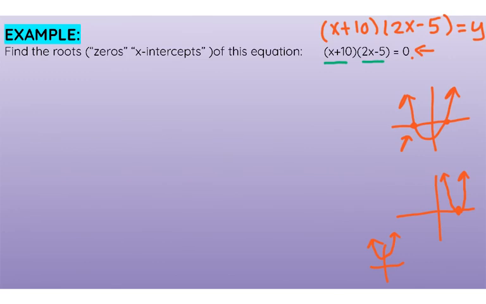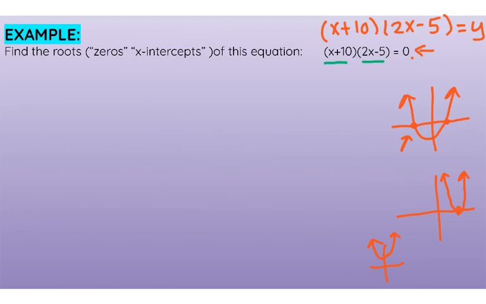We had said before with the zero product property that if we set this equal to 0, like we did, so we took out y and we put in 0, we have two different things multiplied. So we have x plus 10 times 2x minus 5. One of those would have to be equal to 0, so we are going to set each of those equal to 0.